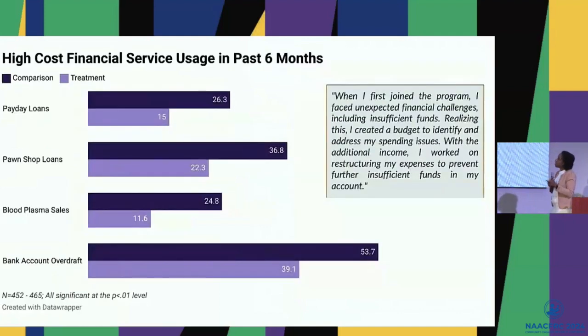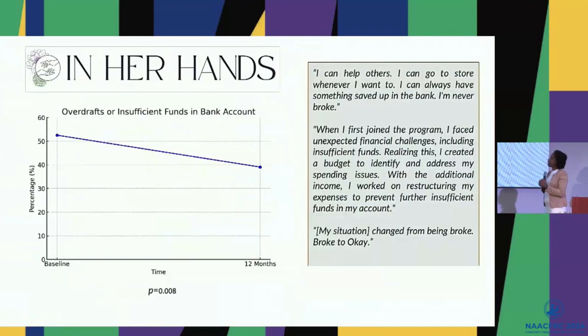During the 6-month check-in, we were able to note that bank account overdrafts were high among both the comparison and the treatment groups. And if we go to the next slide, that relates to the fact that for our participants, when they first started out, over 50% of them were experiencing overdrafts or insufficient funds in their bank account.